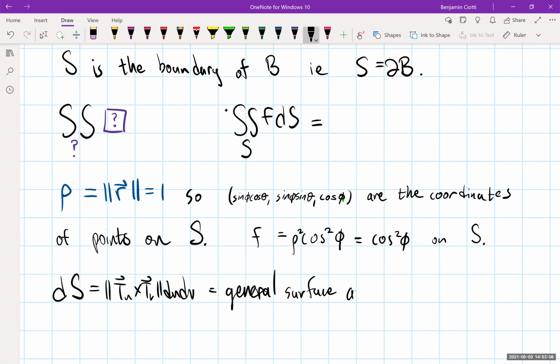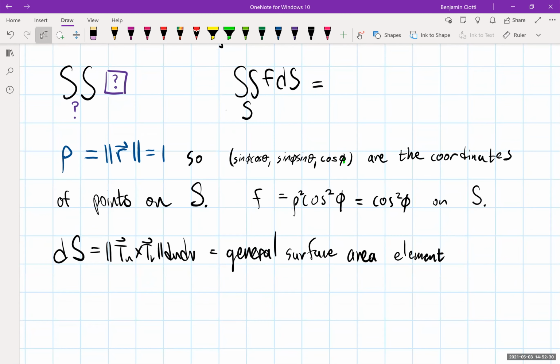And for the surface of a sphere case, there's a specific formula for it, which is probably worth calculating at least once in your life. It's a giant pain. You have to do a big determinant and a bunch of derivatives.